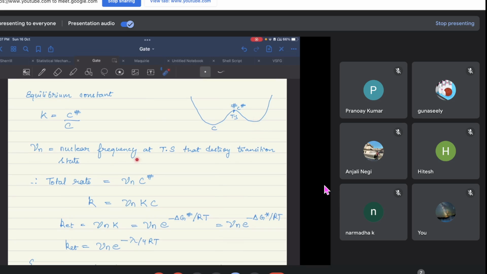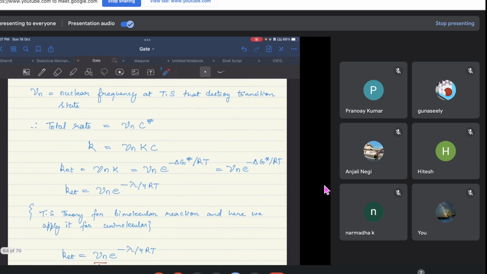Then mu n is your nuclear frequency at the transition state, which destroys the transition state. This nuclear frequency is destroying my transition state and converting it into the product, or the reactant again. Therefore, the total rate will be written as mu n into C dagger, and I can write it as K equal to mu n K C. And the K_ET here can be written as mu n, that is the nuclear frequency, into K.